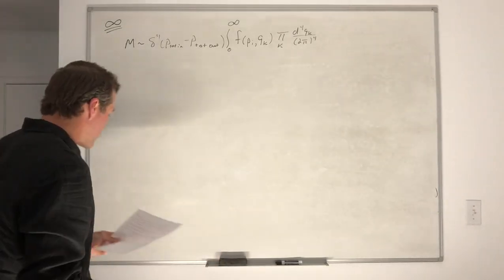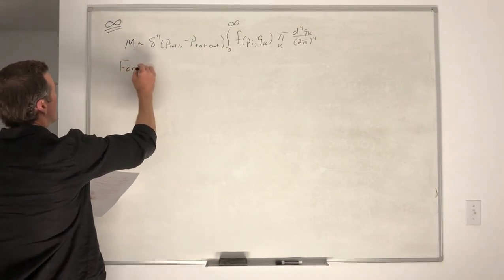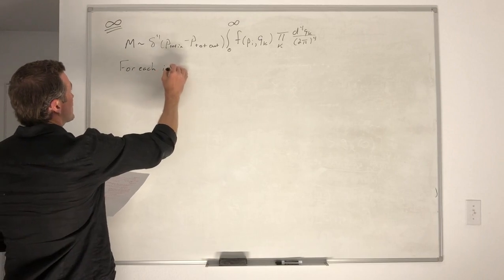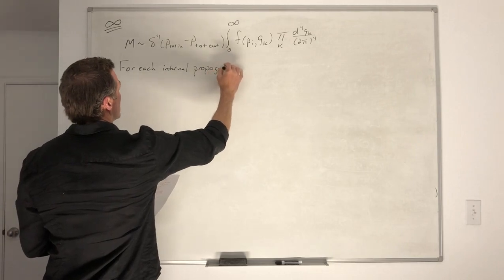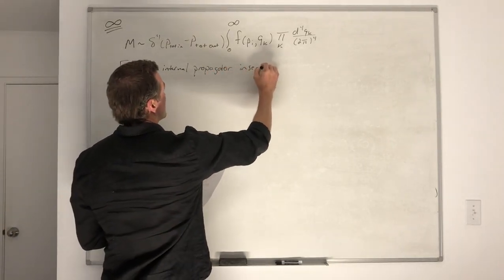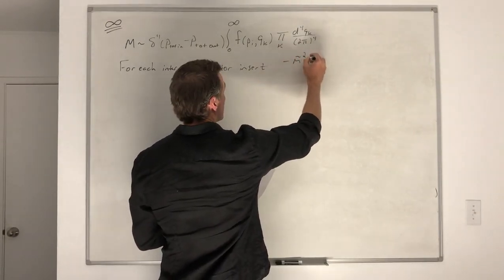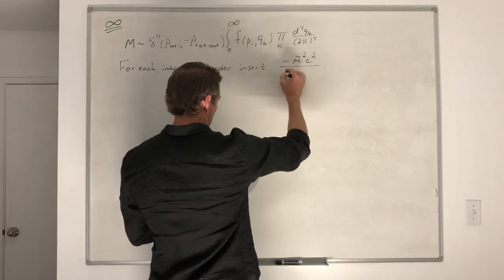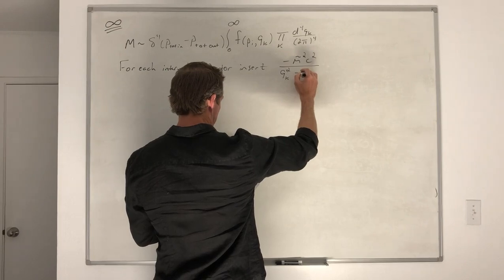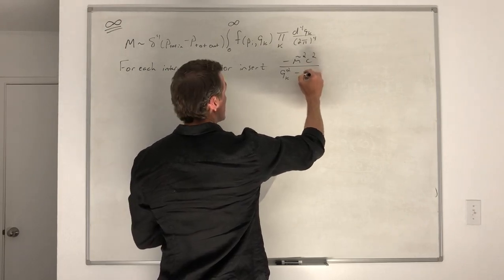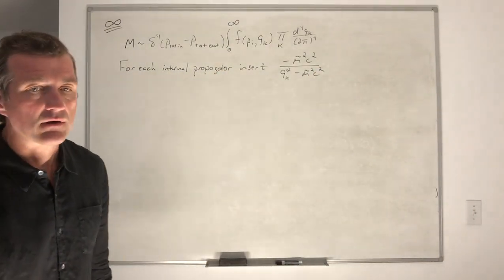I'm just going to show you one more way to do this, and that is for each internal propagator, we can insert a factor of minus m twiddle squared c squared over q_k squared minus m twiddle squared c squared, where the m twiddle is just a free parameter, okay?